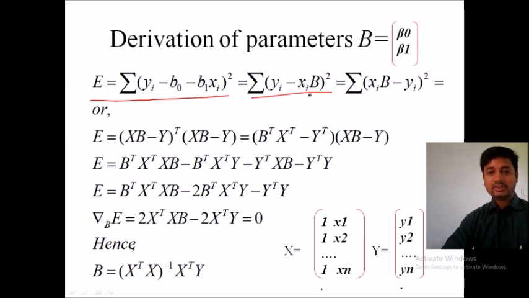Here you may consider xi equal to 1, as there is a beta naught, which is multiplied by 1, and then the ith row as xi. So 1 and xi is nothing but xi.